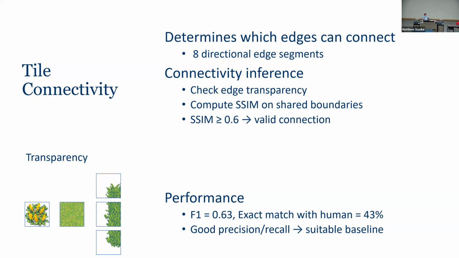If the similarity is above the threshold, we mark it as a valid directional connection. Compared to human labels, we got an F1 score of about 0.63 and an exact match around 43%, which is really good for downstream tasks like assembling terrain or grouping tiles.